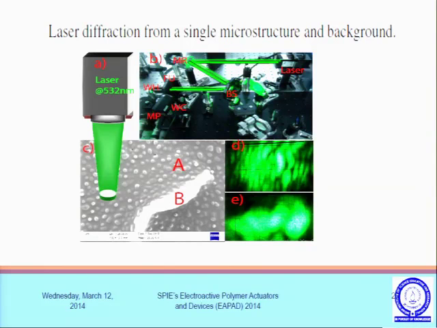If you scan the laser spot on the wing surface, when you are at position A, this sort of diffraction pattern comes into the picture on the screen. When my laser spot is on the surface, this sort of diffraction pattern appears. This ensures that the diffraction pattern we observed in our experiment is not coming from a single microstructure. It is a collective behavior, meaning the organizational property of the microstructure plays a crucial role in building up a diffraction pattern.